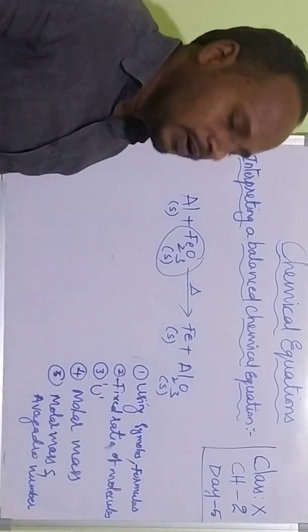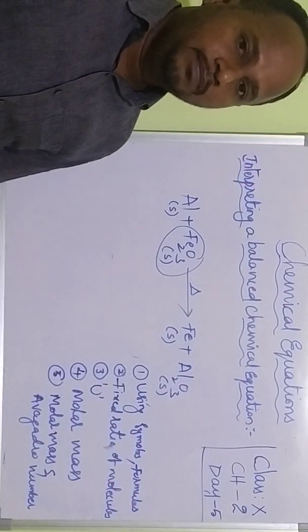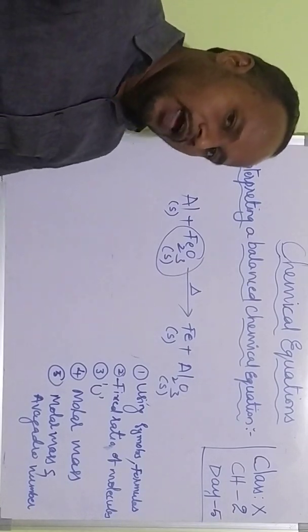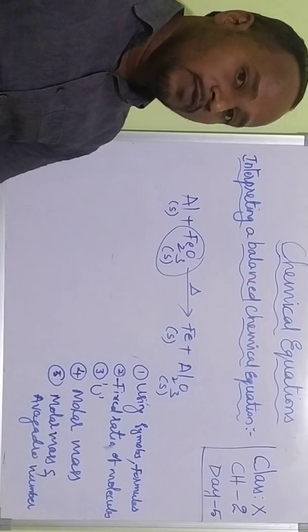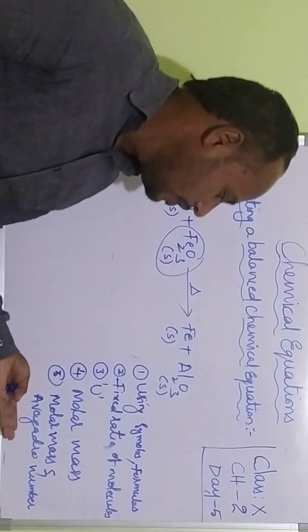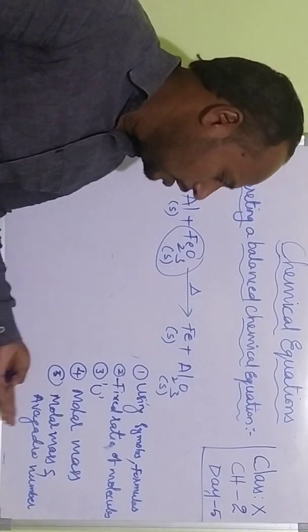Next, if you want to know the mass relationship, mass-volume relationship, volume relationship, or the relationship between mass, volume and number of molecules, we can find it out using the Avogadro number and molar masses.